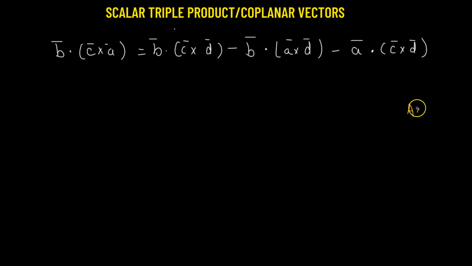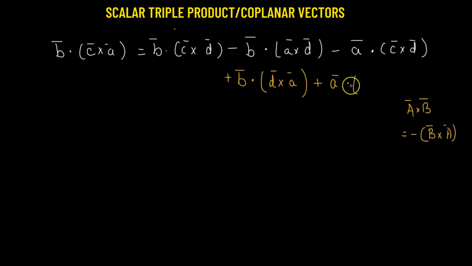Let's say we have the cross product between two vectors, A cross B. This is the same as saying negative times B cross A. So we can rewrite this equation as positive B vector dotted with D cross A, and similarly positive A vector dotted with D cross C, and the rest of the terms.